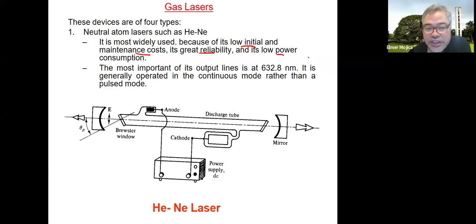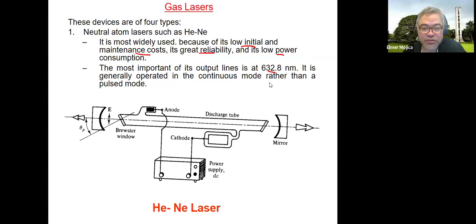It's due to the high power needed to power it, and we also need to have a water system to make sure that we can at least maintain the temperature, if you can generate high temperature gas. So the most important of its output lines is at 632.8 nanometers, and it is generally operated in the continuous mode rather than the pulsed mode.